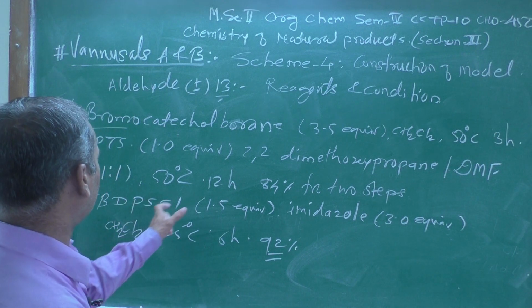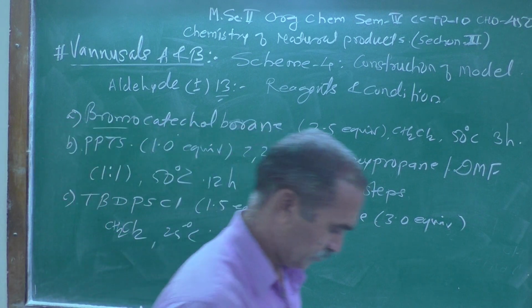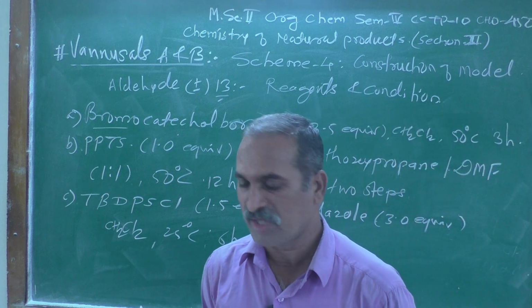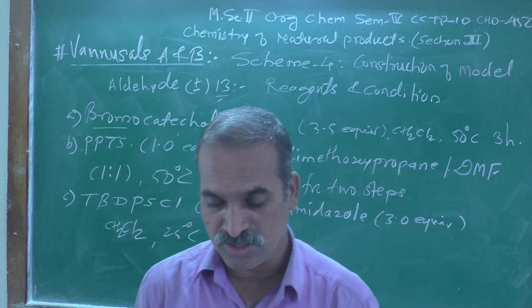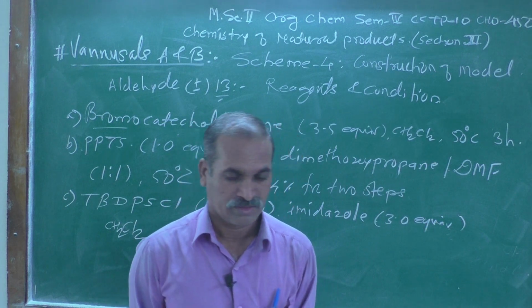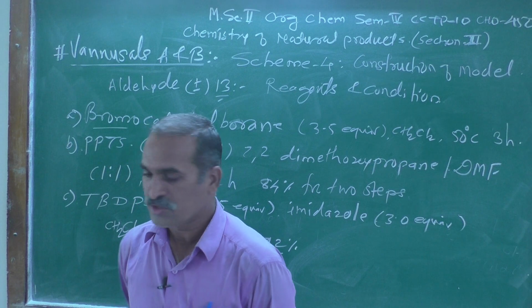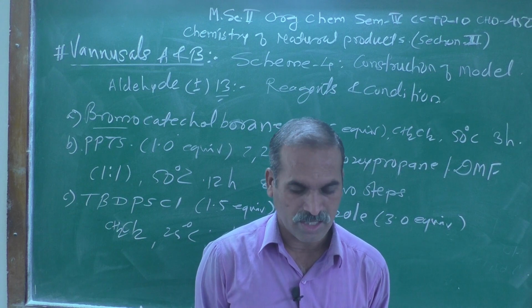As we know, this is one of the protecting groups, and generally protecting groups produce very high yielding products. It is essential to protect the functional group so that we can achieve our desired product.